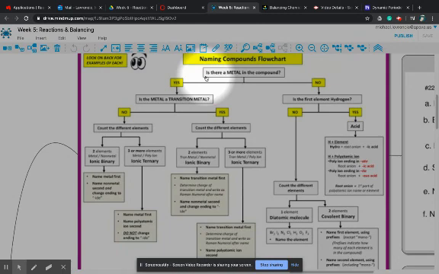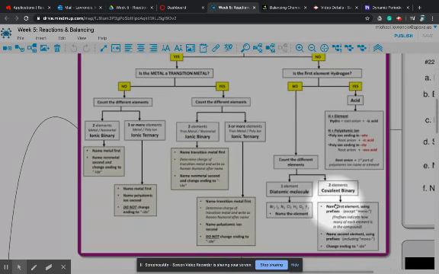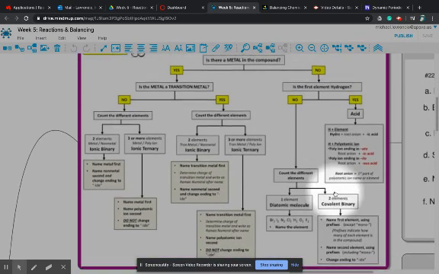You need to think, sometimes it's easier to rule out everything except ionic, okay? So for things like binary molecular compounds, where you're just going to have two elements and they're going to be two nonmetals.